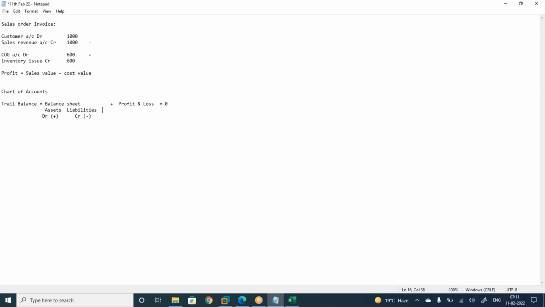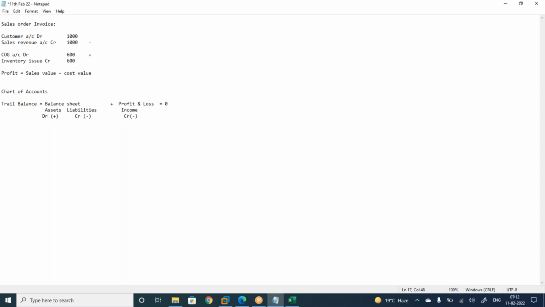But here, income will be shown. Actually, income means it is positive, but to get a net value of 0, income will be represented as minus. It is credit, which is confusing to many minds.